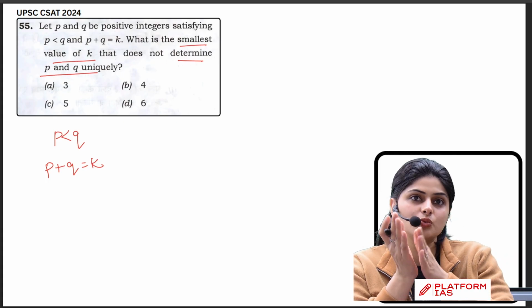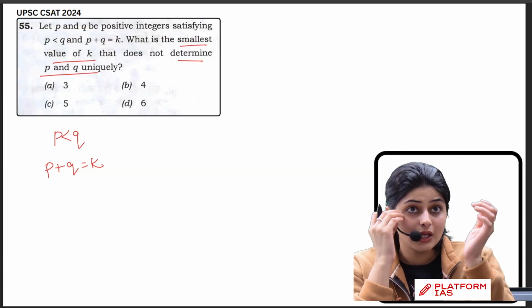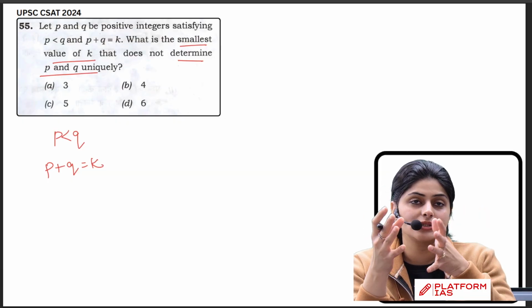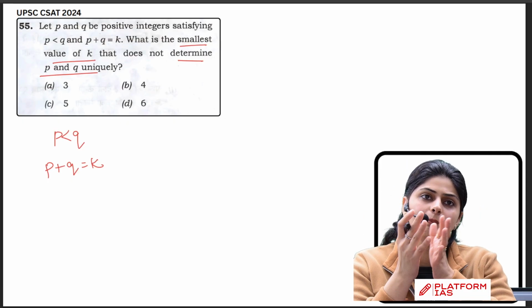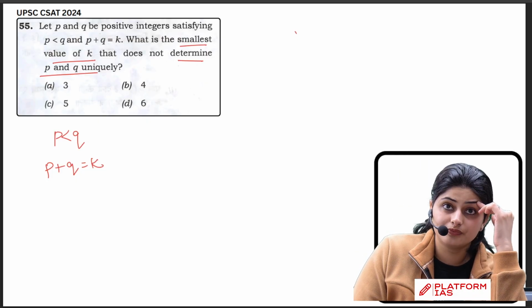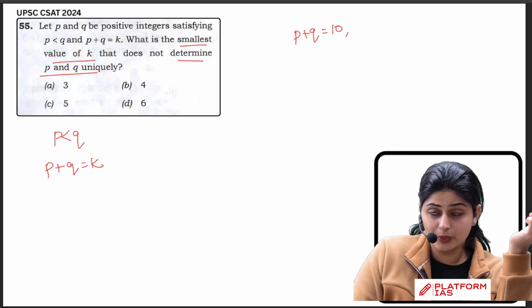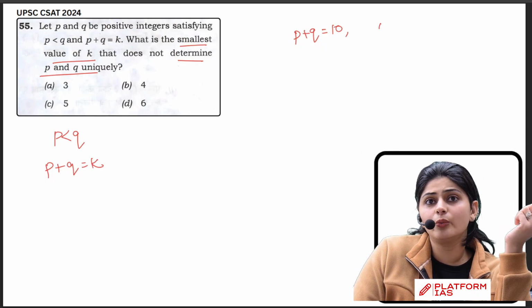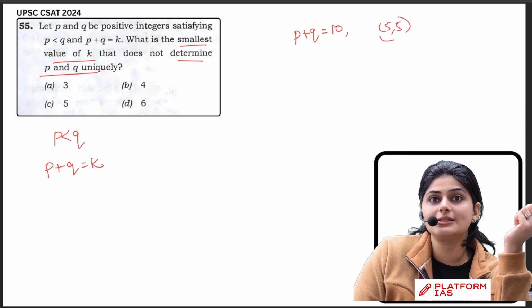The first thing is to understand the question. If P plus Q is equal to some number, then P and Q will have values. Suppose P plus Q is 10, we can have different values of P and Q. We can have 5 and 5 also, but this does not determine P and Q uniquely.